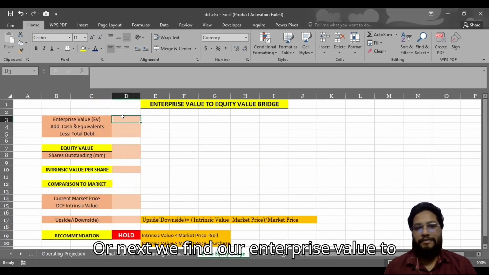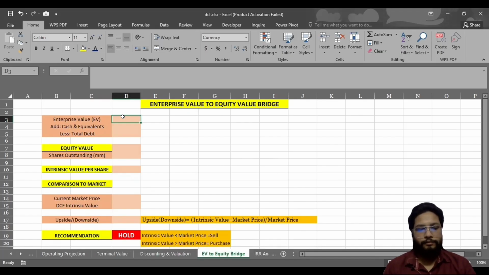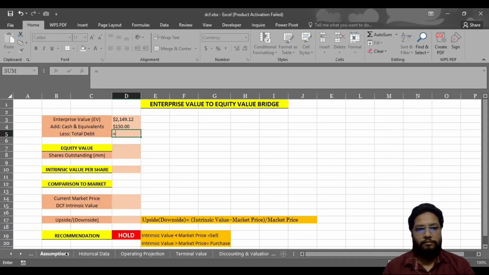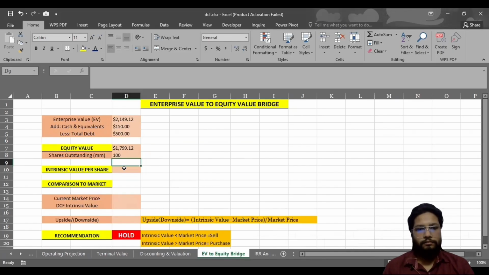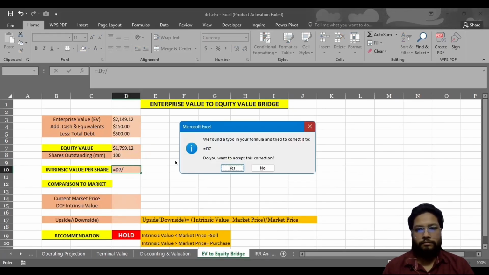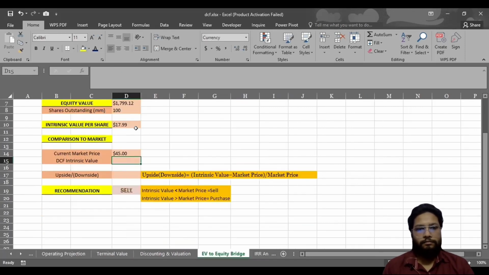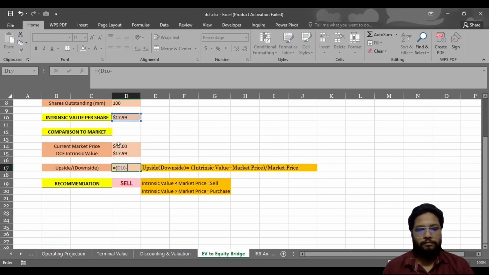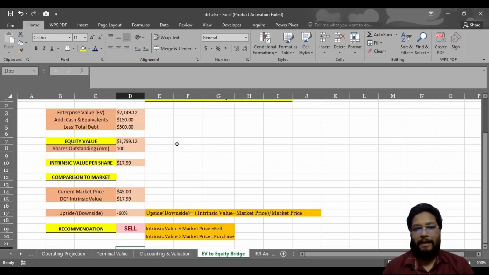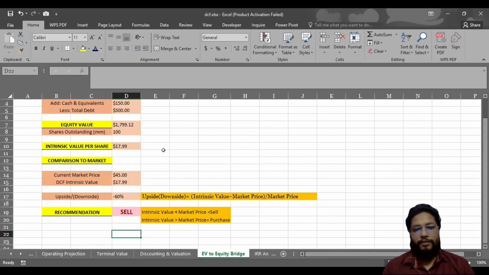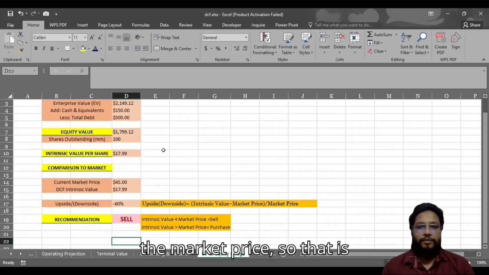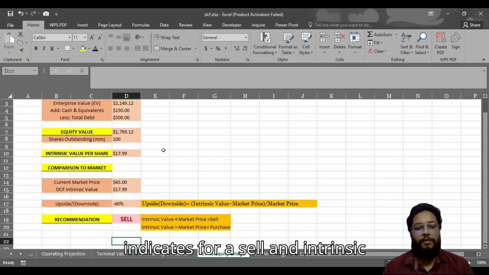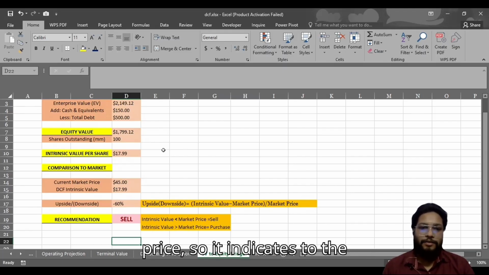So next we go from enterprise value to equity value. If the intrinsic value is less than the market price, that indicates a sell, and if the intrinsic value is greater than the market price, it indicates a buy, right?